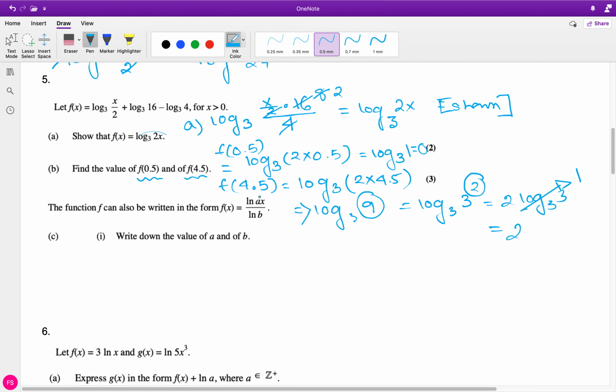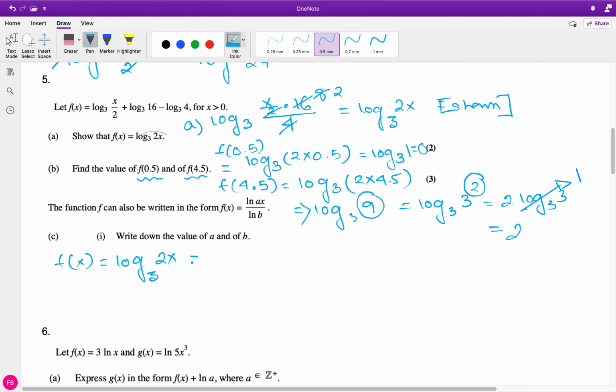How can we start? Now I already combined this whole thing. My f of x is log of 2x to a base of 3. How can I change it and write it in this form? This means ln divided by ln or log divided by log. That means you used the change of base formula.